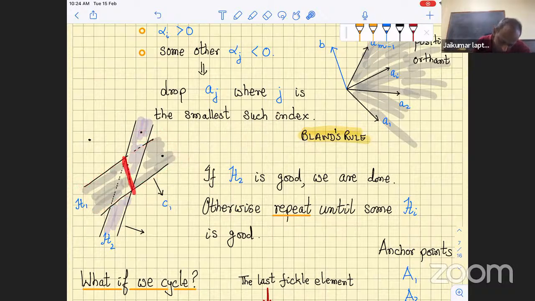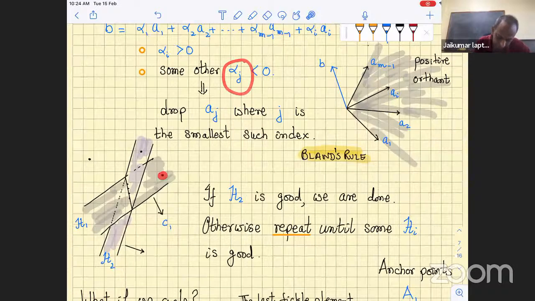These were the vectors that you retained from the original hyperplane. This vector you sacrificed because its alpha was negative, and you built this hyperplane. It has these m minus 2 plus this one, m minus 1 A's again. So we always maintain the invariant that m minus 1 of these vectors are there.